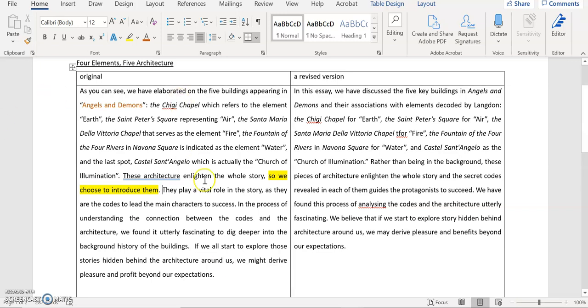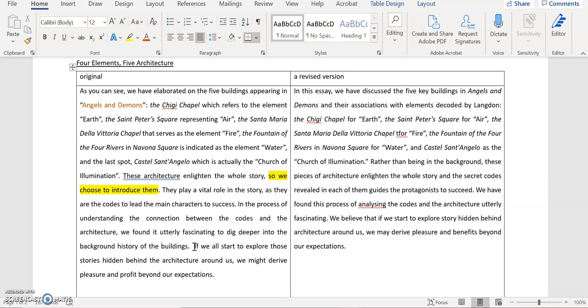And then you say, in the process of understanding the connection between the codes and the architecture, we found it utterly fascinating to dig deeper into the background history of the building. That's fine. Then you say, if we all start to explore those stories hidden behind the architecture around us, we might derive pleasure and profit beyond our expectations.